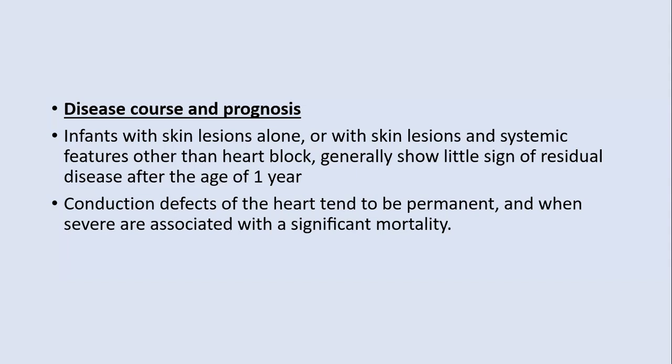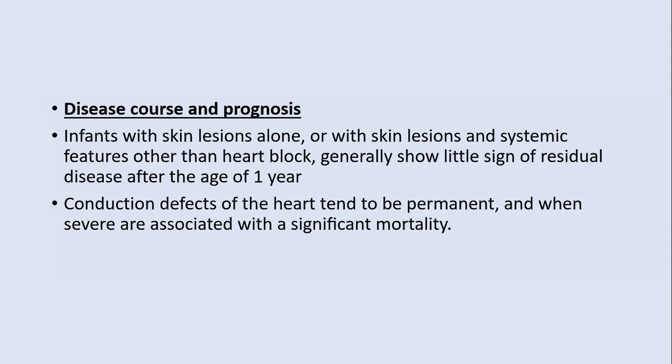Disease course and prognosis. Infants with skin lesions alone, or with skin lesions and systemic features other than heart block, generally show little sign of residual disease by the end of 1 year. So if only skin involvement is present, the child is almost okay after 1 year, with a hint of erythema and telangiectasias.